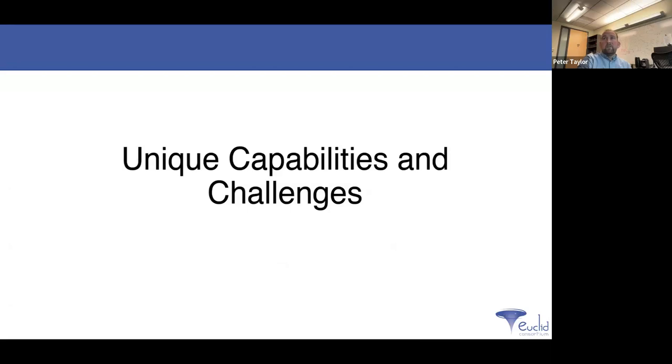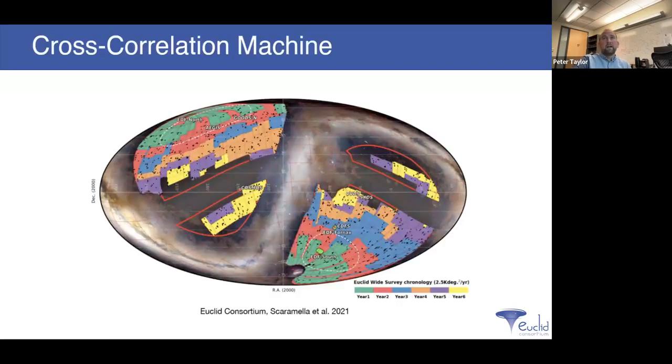Okay, so Euclid also comes with a unique set of capabilities and also challenges. A lot of these really stem from the fact that we're in space. So the first advantage of Euclid is because we're in space, we're not tied to a particular hemisphere. So Euclid really is a cross-correlation machine. So in the north, we can cross-correlate with DESI to do galaxy-galaxy lensing measurements, also to calibrate our photometric redshifts.